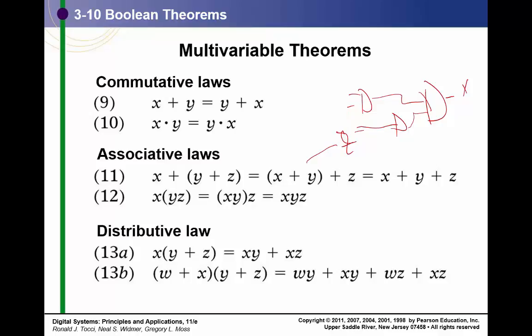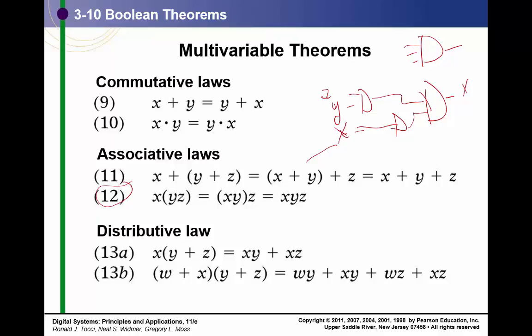I can hook it up X, Y, Z, or I can reverse these and put Z here and put X here, and the output's going to be the same. Or I can do a single 3 input, and all 3 give me the same result.